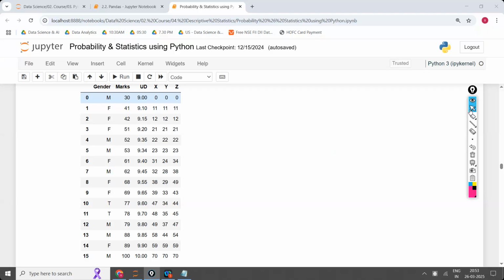Draw the frequency table for the marks with an interval size, or bin size, whatever it is, of 10. A table for marks, a table, not the distribution.